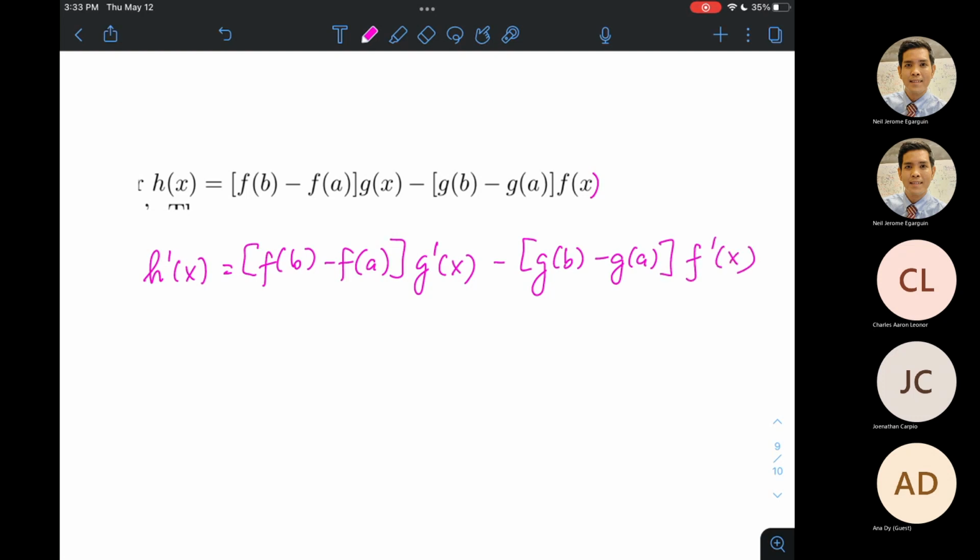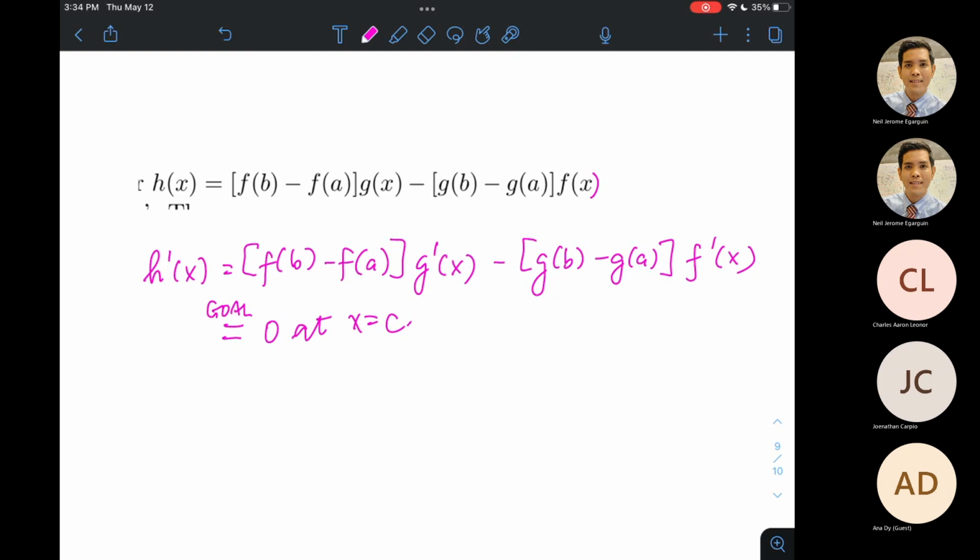Tapos kung makikita nyo, ito yung left side ng equation sa GMVT, ito yung right side. So, para mapatotohanan yung conclusion ng MVT, ang target natin ay ito ay maging equal kay 0, at x equals c. Yan yung goal natin. Kasi once we are done with that, then we're good.